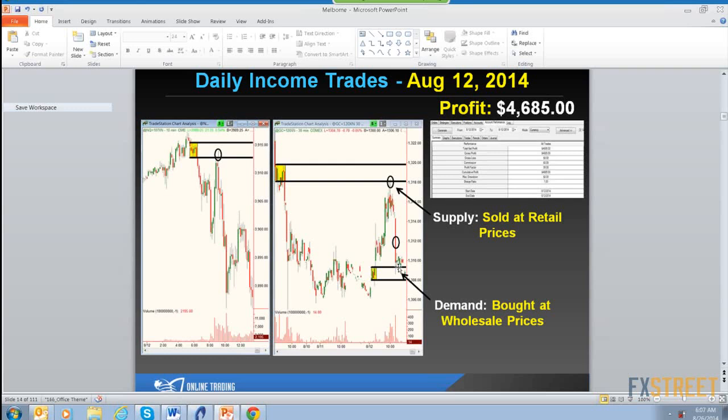Instead of trying to get all the way down to 1310 or 1309, I know it's going to be much easier to achieve a profit target of 1312. Now, most of the time I'm leaving some money on the table, but I'm okay with that because I've increased the winning percentage and the odds of the trade being successful dramatically.